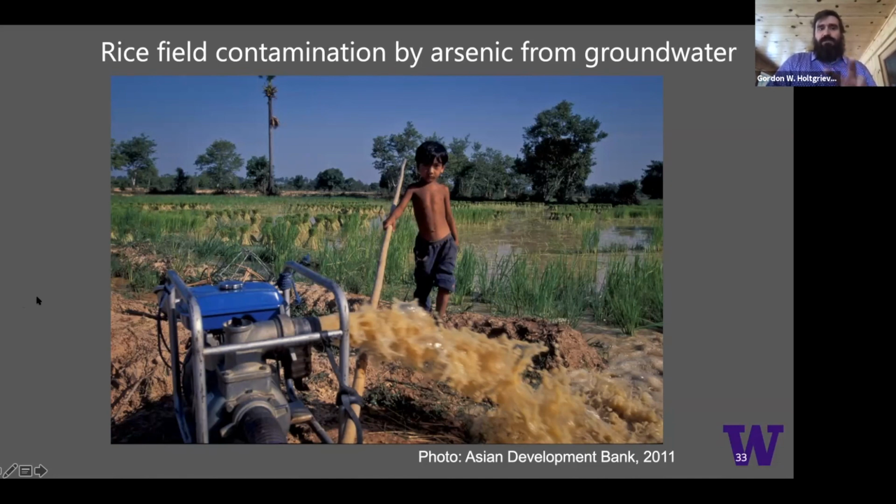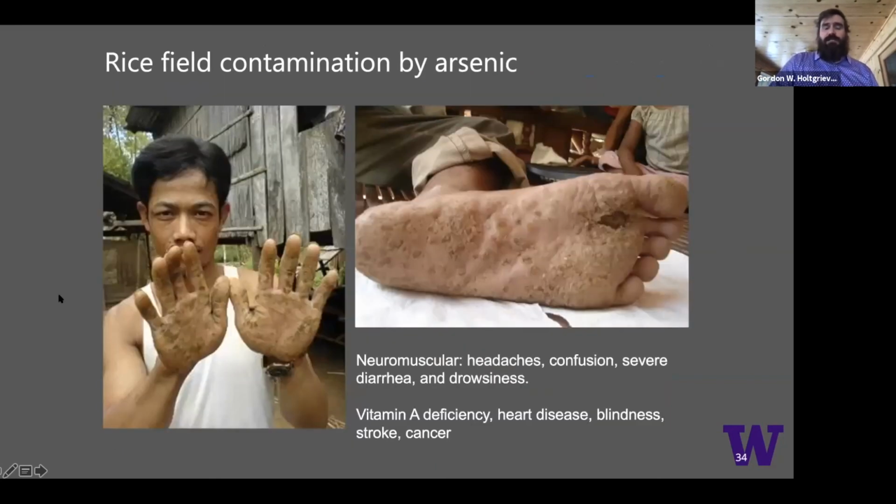It used to be capturing surface water to grow the rice, but that water is no longer coming in as strong, so they're supplementing by pumping groundwater. And that groundwater is high in arsenic, and that arsenic gets in the rice and ultimately to the people. This causes arsenicosis with a whole bunch of negative health effects that are listed here.